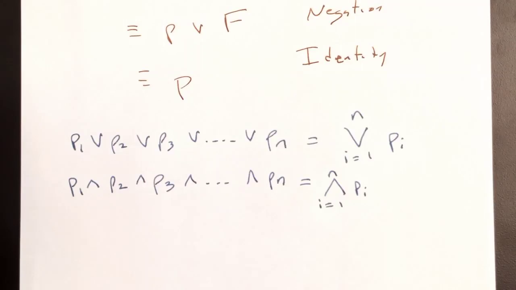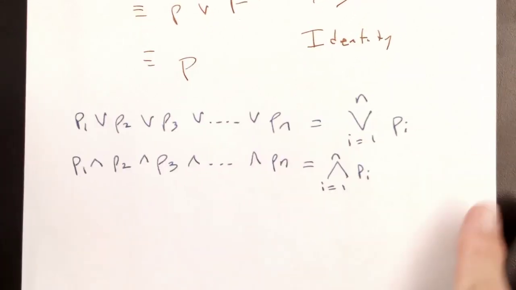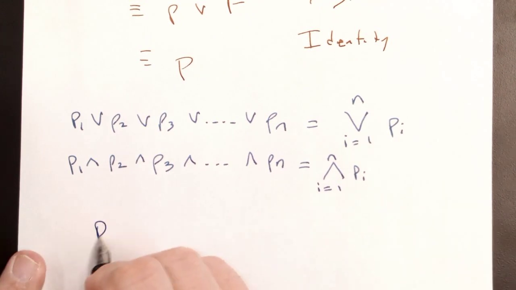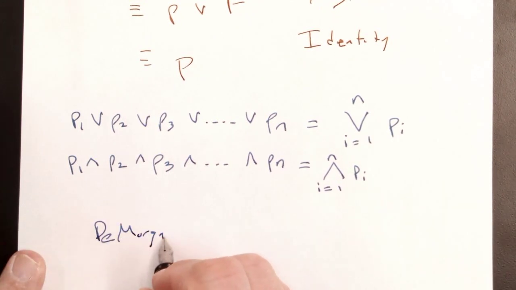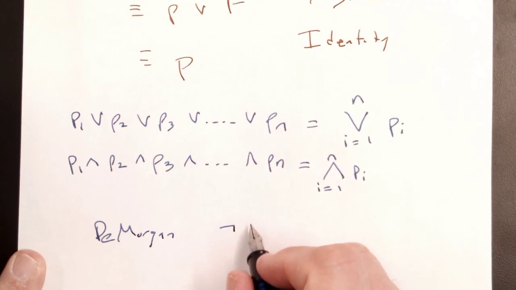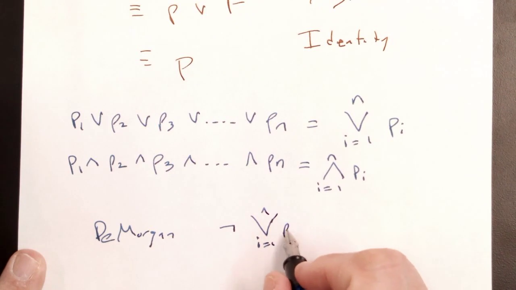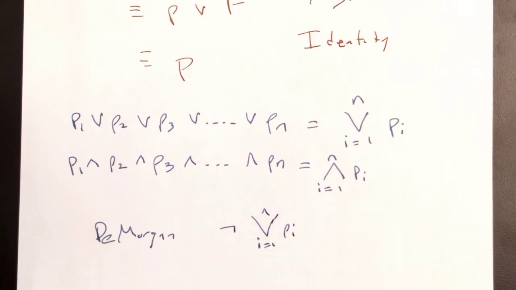De Morgan's law could apply to that whole set of parentheses, because that's really what this is. It's a giant set of parentheses. So I can now take De Morgan and write it not the giant or. Now, what did De Morgan say to do? De Morgan said you had to negate the individual piece.